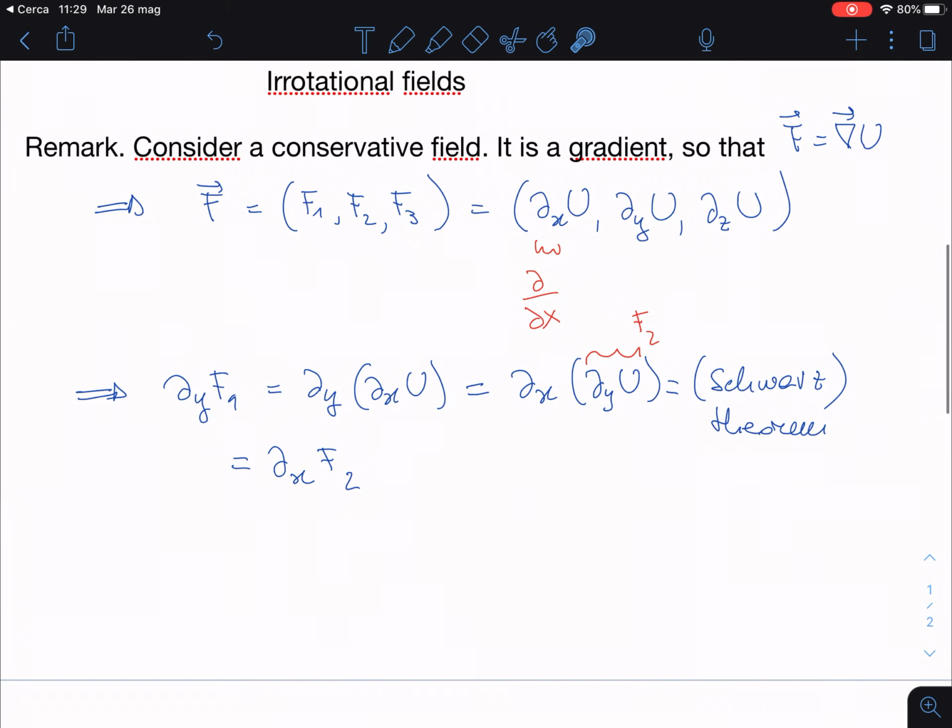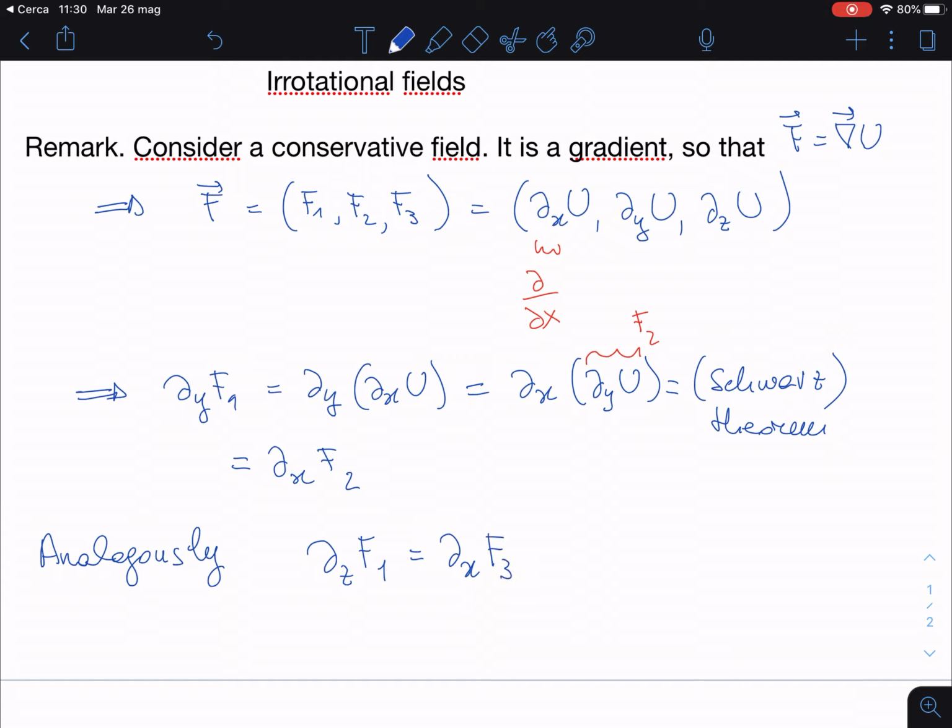And of course you can also compute other derivatives, and analogously you have that dz f1 is equal to dx f3.